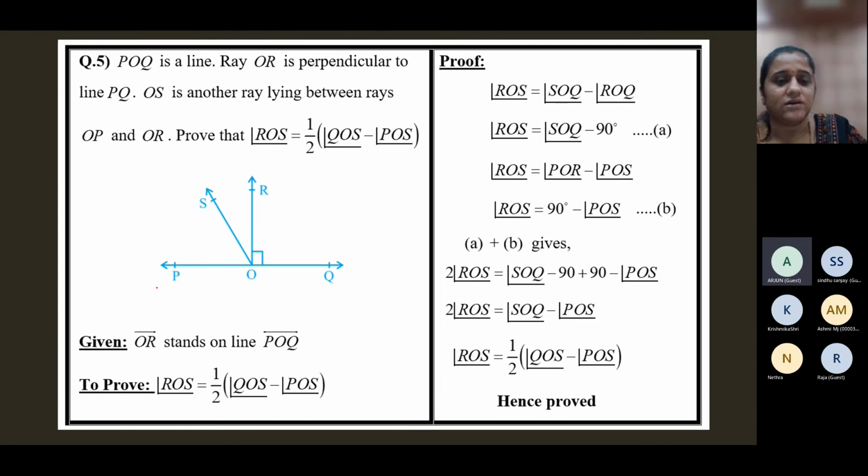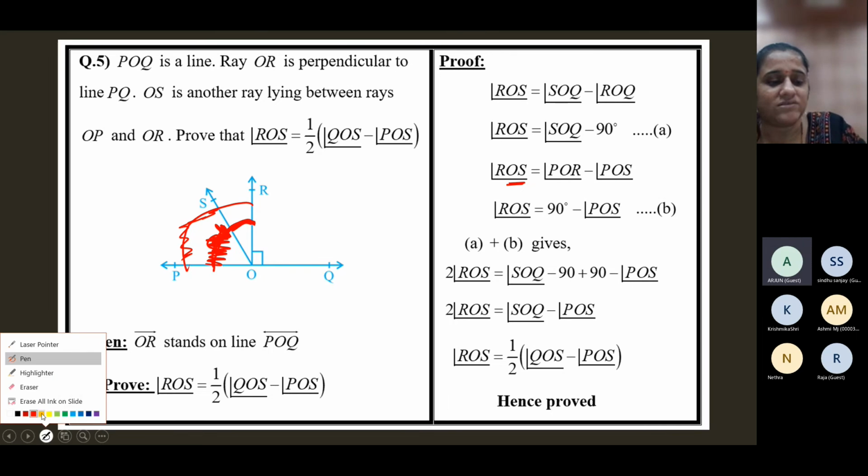I'll show you again. ROS can also be written like this: from this full angle POR, subtract POS, and you will be left with ROS. So ROS can also be written as POR minus POS.